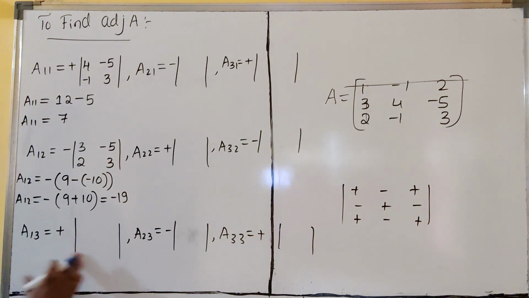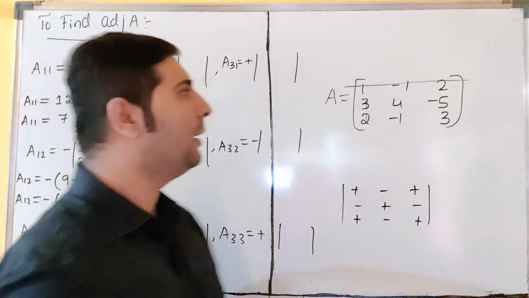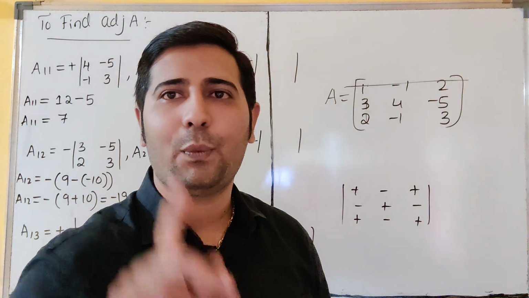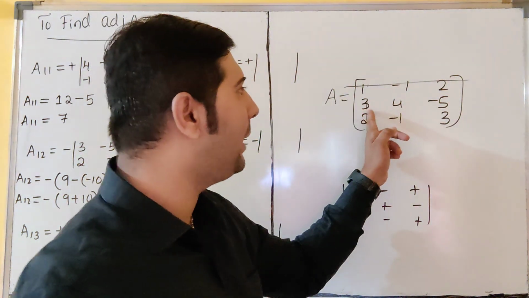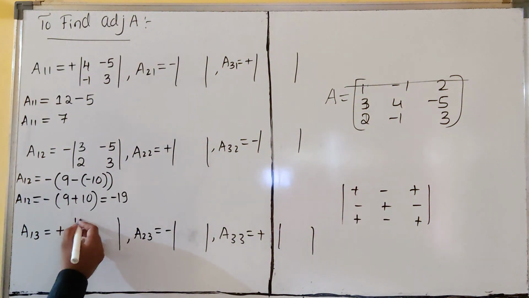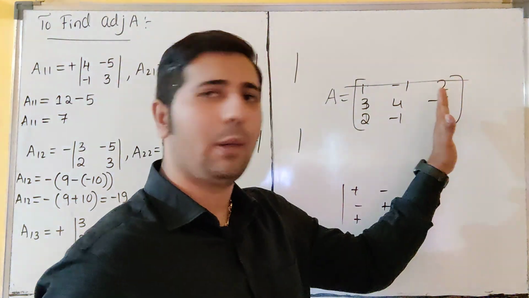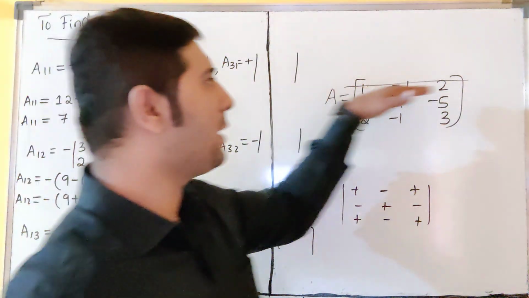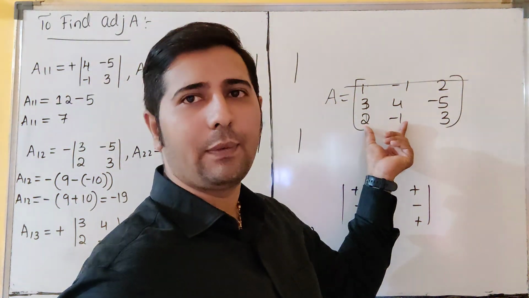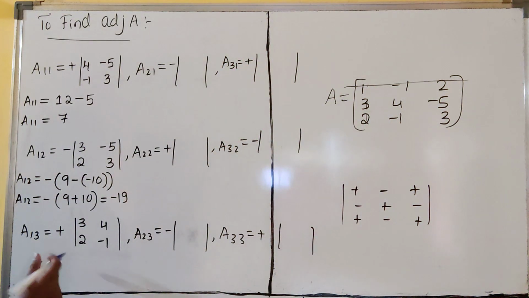So next A13. A13, how much will you get? A13 means you have to leave first row, last column, or not? First row you leave, third column you leave, and you are left with 3, 4, 2, minus 1. So now how to simplify? Plus sign is there.